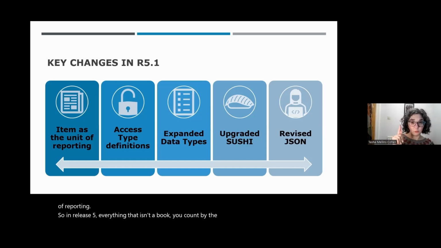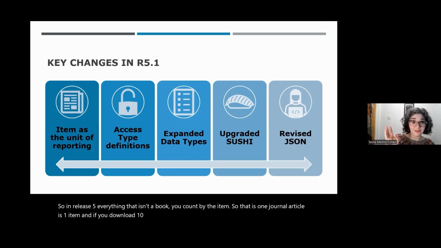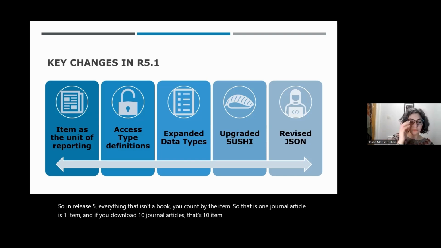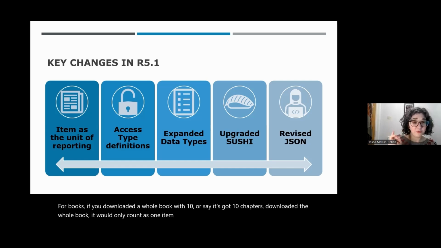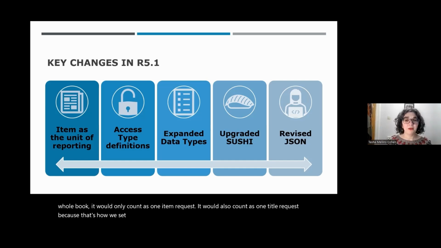One journal article is one item, and if you download 10 journal articles, that's 10 item requests. For books, if you downloaded a whole book, say it's got 10 chapters, it would only count as one item request. It would also count as one title request because that's how we're set up.